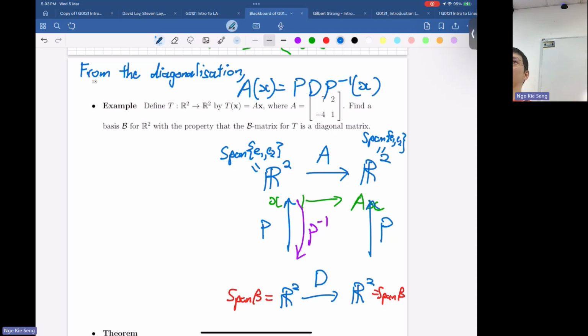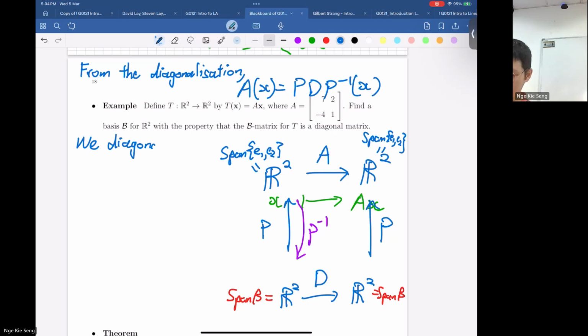Okay. So what's the next step we should do? What do you think? We need to diagonalize this matrix. Okay, so diagonalize.